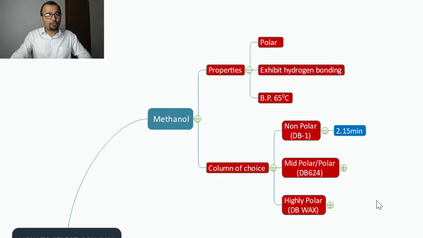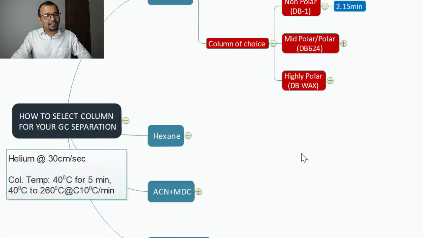Let me also show you the experimental conditions for this exercise. Helium is the carrier gas. The linear velocity of helium is 30 centimeters per second. The column temperature program is this way: 40 degrees Celsius for 5 minutes, then ramp from 40 degrees Celsius to 260 degrees Celsius at the rate of 10 degrees Celsius per minute.